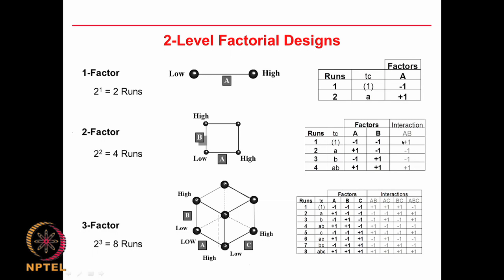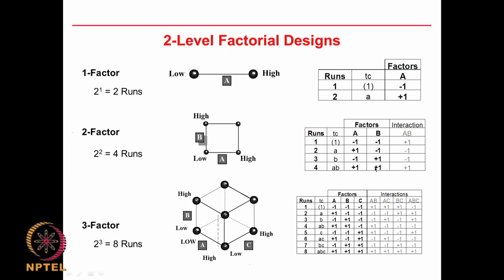This is the column for interaction AB, and this is the main factor A and B, this is the interaction AB. So, here you are doing 4 runs and we can get information about the effect of A and the information about effect of B, and we can also get effect of interaction AB. How do we get that?